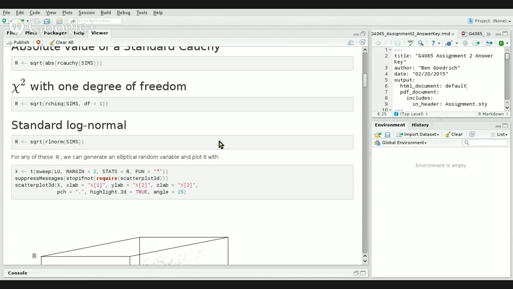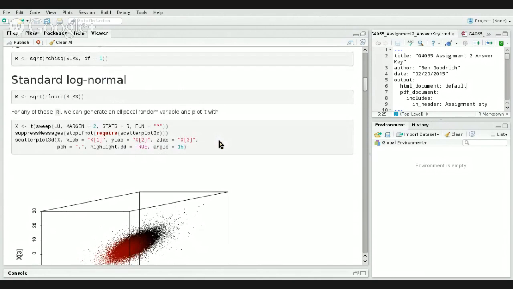Draw from the appropriate distribution to get a realization of R squared. Take the square root of that. Now you have 100,000 R variables. Again, we can use the sweep function to multiply each column of LU by the realization of R using multiplication.